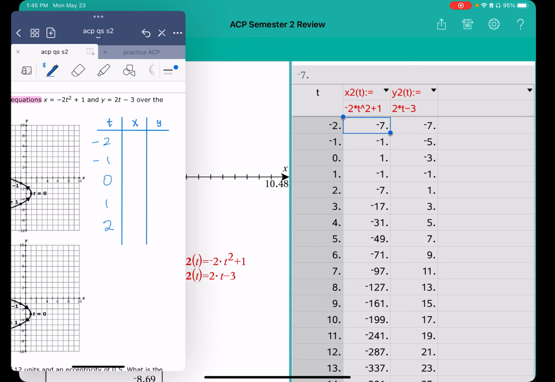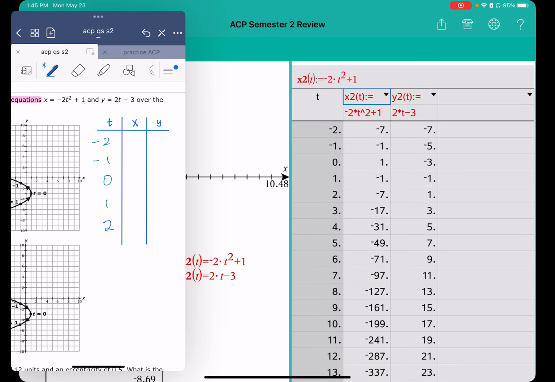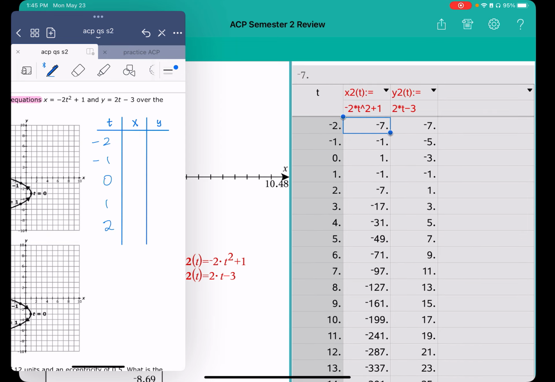So notice that right next to t we have the x column, and then here we have the y. So I'm going to write them here on our notes, just going all the way down. Negative 7, negative 1, negative 5, positive 1, negative 3, negative 1, and negative 7, positive 1.